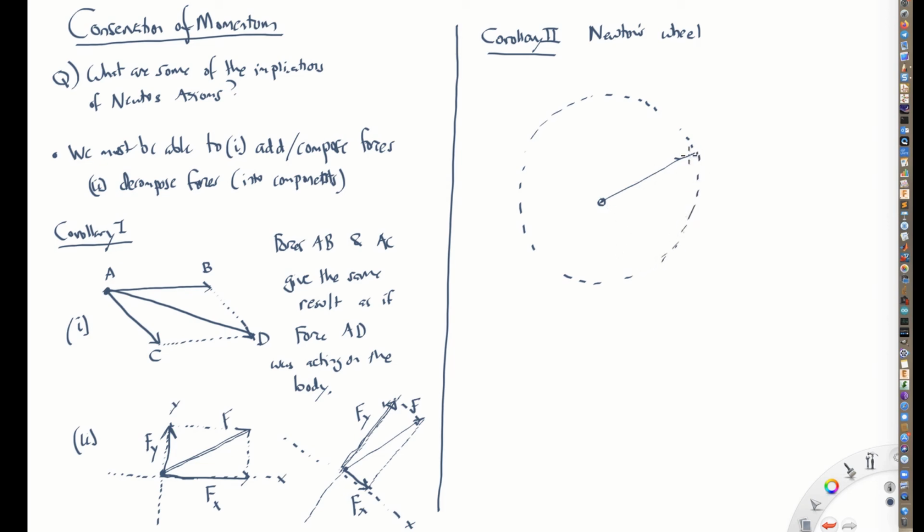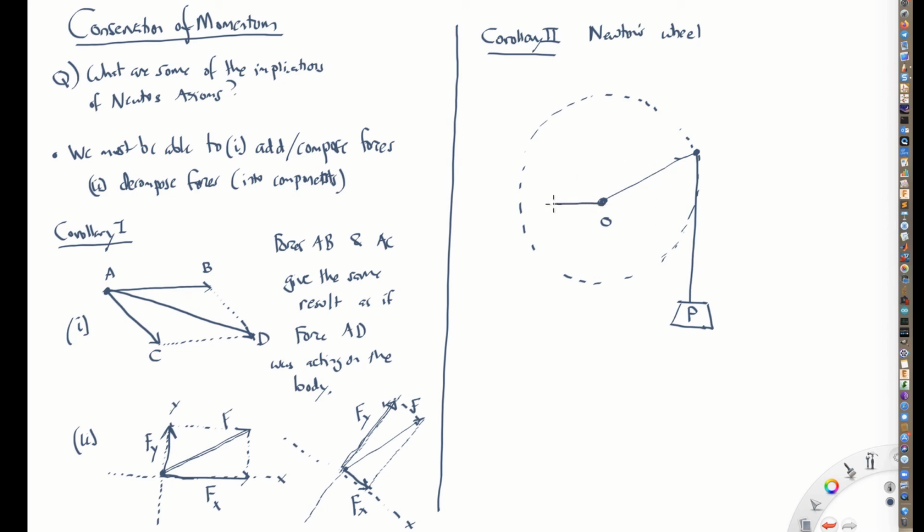And this is a spoke on the wheel. And I'll call this point right here O. And on the end of this spoke at this point, we have a string hanging with a mass P, like that. And so if this wheel had this single spoke and a mass hanging, of course it would try to make this wheel rotate around in the clockwise direction.